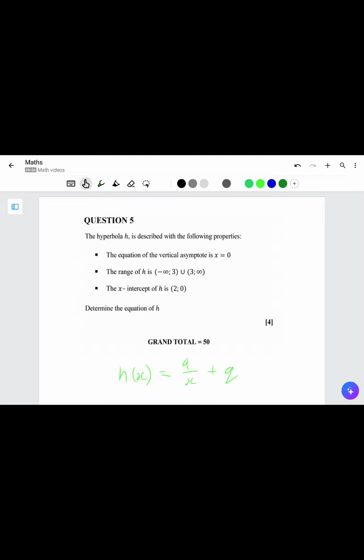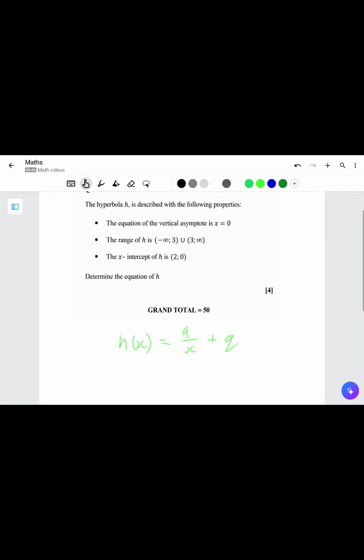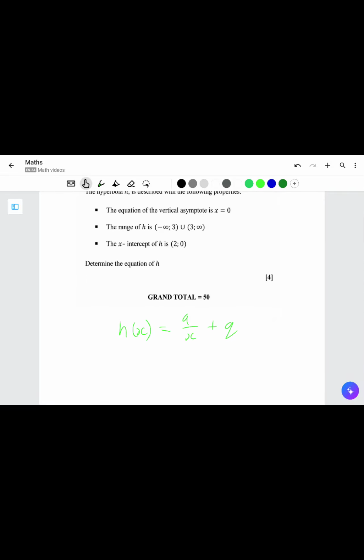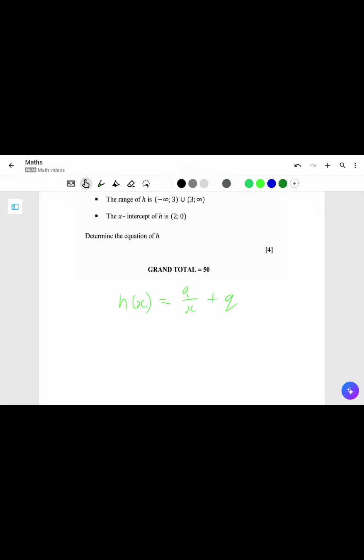Remember it did tell us there that the range of h has a y value of 3. So we know that this graph must not touch y equals 3. This is your asymptote.